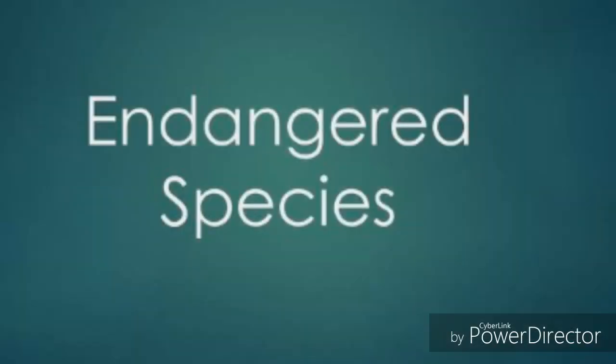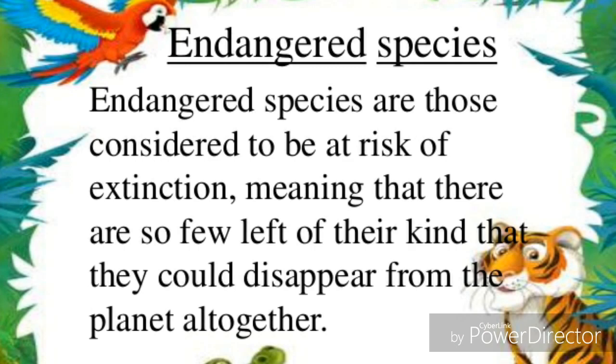Now let us learn about endangered species. Endangered species are those considered to be at risk of extinction, meaning that there are so few left of their kind that they could disappear from the planet altogether.